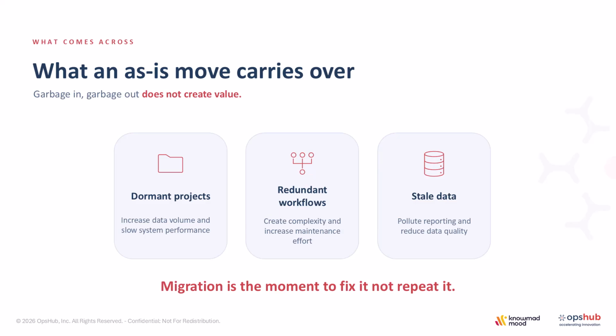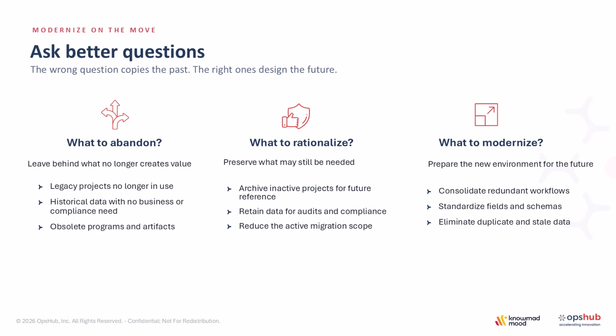You have to take decisions, select one and do it right. And of course, you don't need to move all the data you have in your system. You should be smart about what you need to move and what you can leave behind. Migration is the moment to fix. You have to try to avoid getting the garbage in, so you don't have it when you arrive at the destination platform. Next, please.